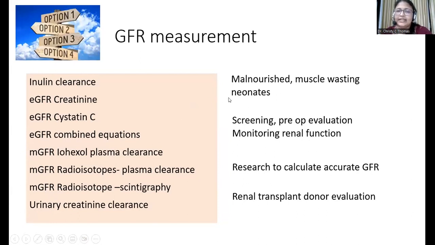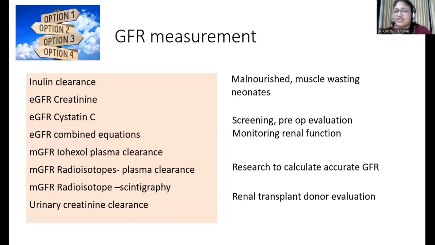I already said if you have a malnourished child or muscle-wasted patient or a neonate, cystatin C derived eGFR is more accurate. So in those patients, we will use the cystatin C derived eGFR. And in a general healthy population, there is no advantage of cystatin C over creatinine.